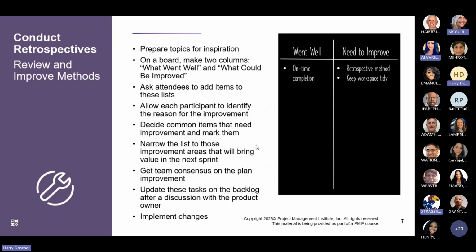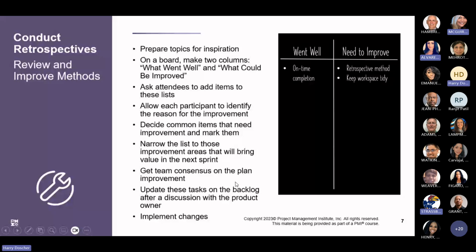Have the team go through the lists and identify the top 2 to 3 items that they feel that they can work on in the next iteration and feel that they can improve on.